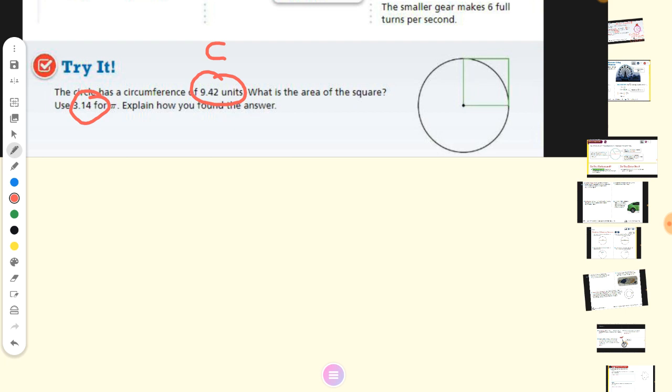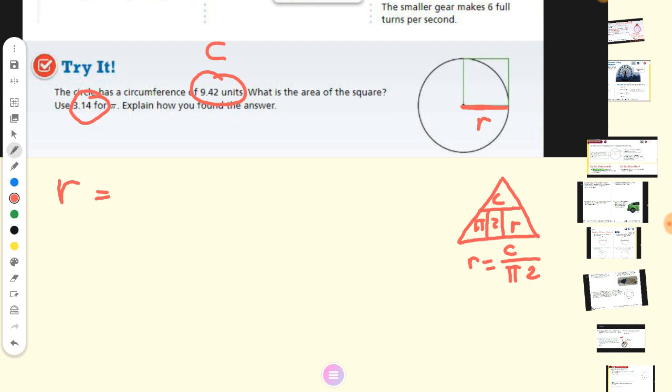To find the area of the square, I need to find the side length, and this part equals R in the circle, so I need to find R. R comes from the magic triangle, remember the magic triangle? It says that C is on top, and pi and 2R are at the bottom.